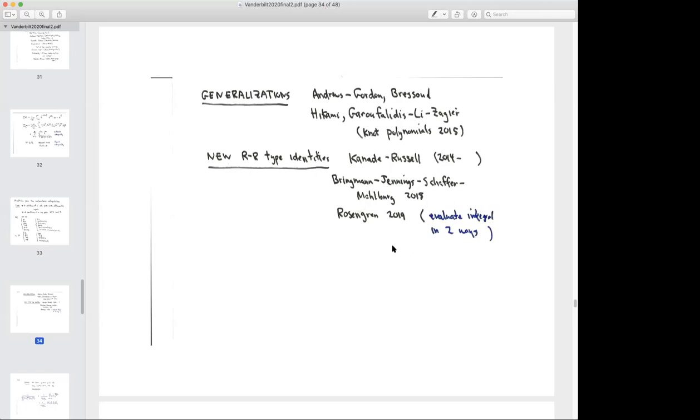This last proof of Rosengren uses the same idea as Rogers' original idea. Take an integral and evaluate it in 2 different ways, and you'll get a sum side and a product side. So it's kind of humorous that 125 years later, we've come, in some sense, full circle.